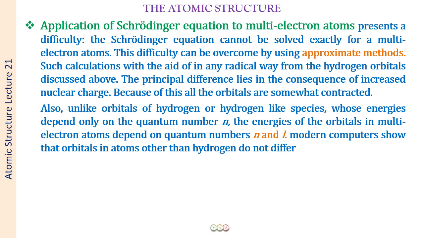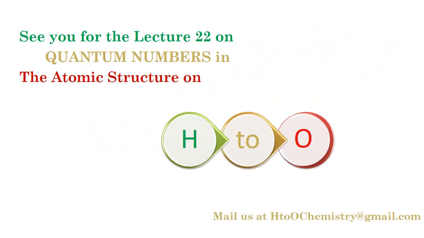From those results, we are getting the values of the energies of the various orbitals into which the electrons are placed. And from that, we are going to get the electronic configuration of the atoms. So I hope you have found that this is going to be very interesting, knowing about the quantum numbers and the electronic configuration of the atoms further in the lectures.